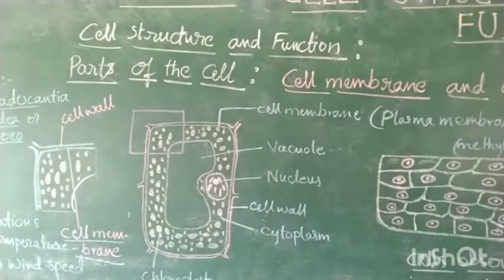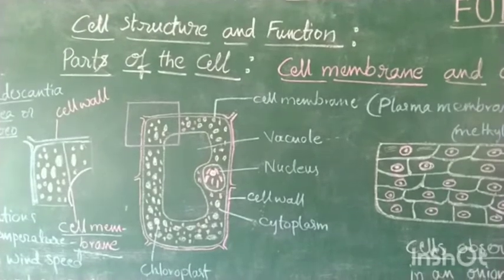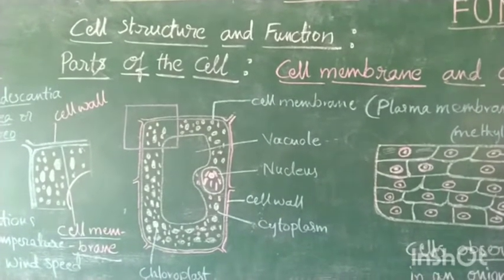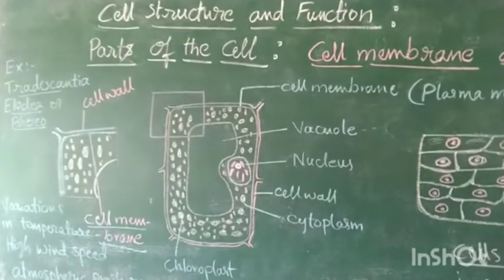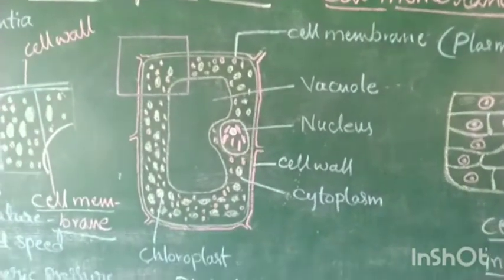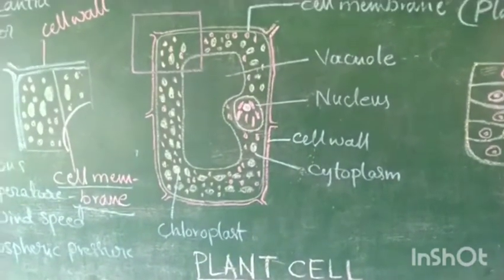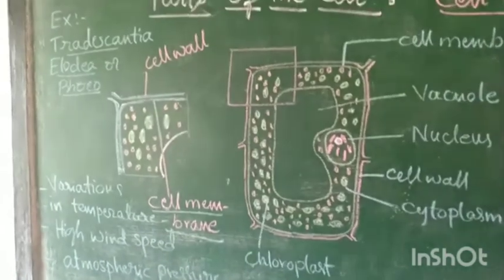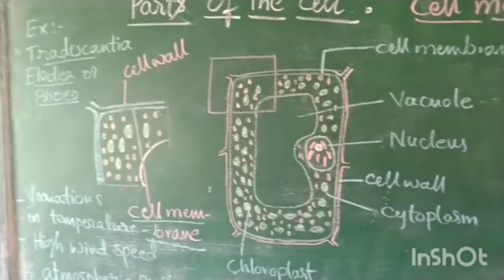Under the heading Cell Structure and Function, we are learning parts of the cell, where we are learning the cell wall. Here you can see the plant cell. A part of the plant cell is enlarged to see the cell wall distinctively.